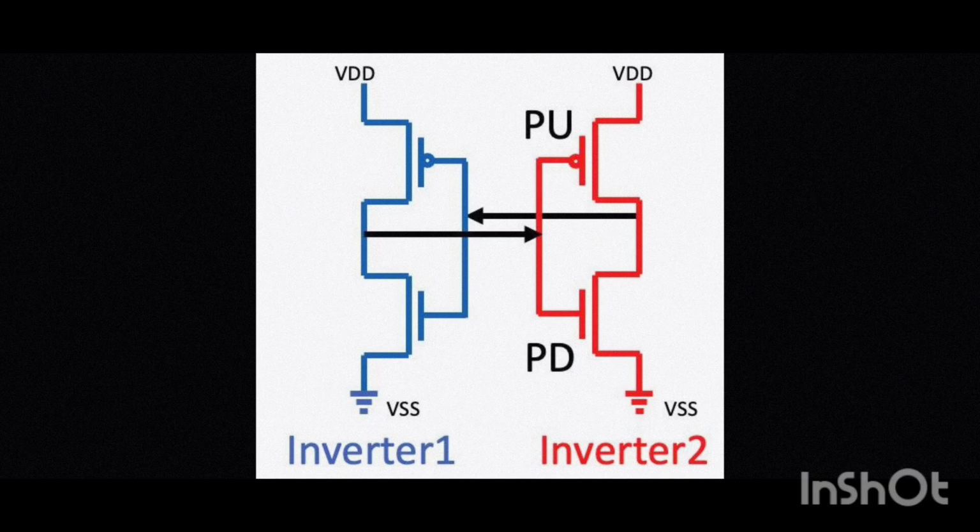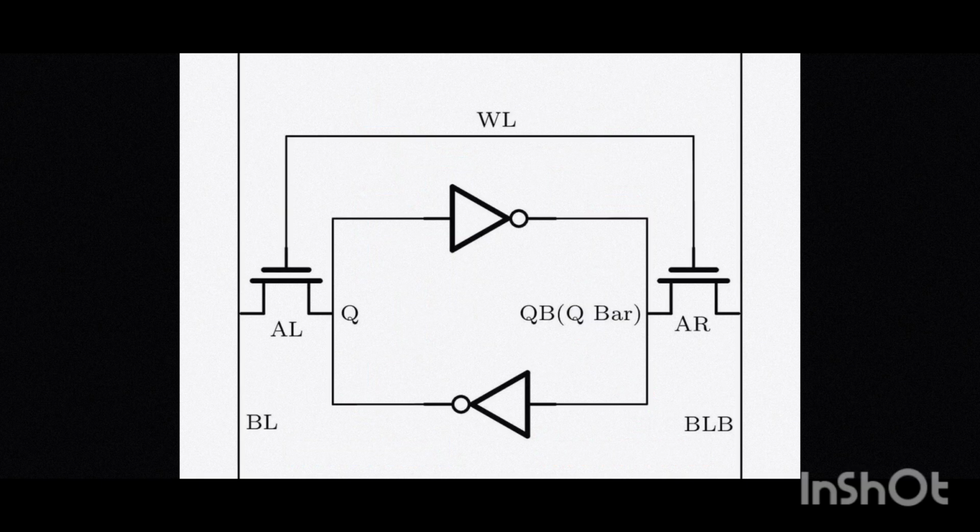as power is supplied. If one storage node Q is at logic 1, the other storage node QB automatically becomes 0. Similarly, if Q is 0, QB becomes 1. The two inverters continuously reinforce each other, preventing the stored value from changing unless an external write operation forces a new value into the cell.